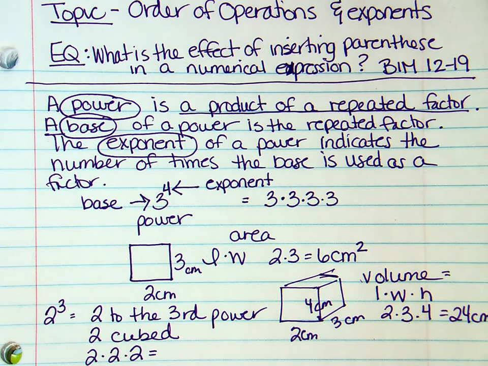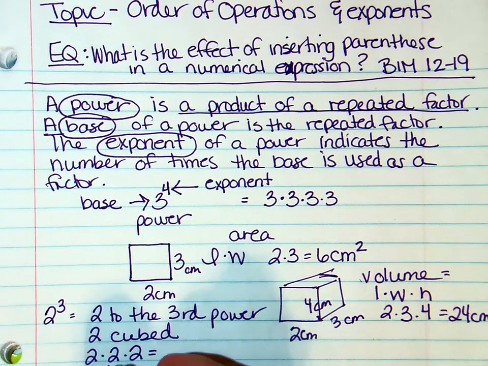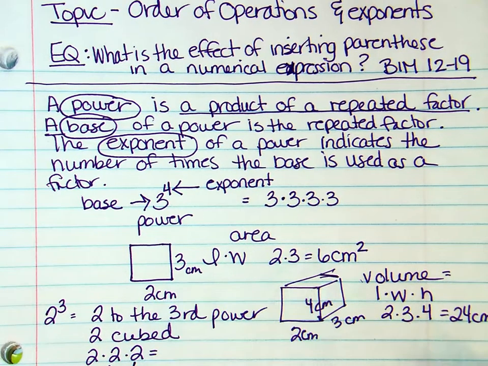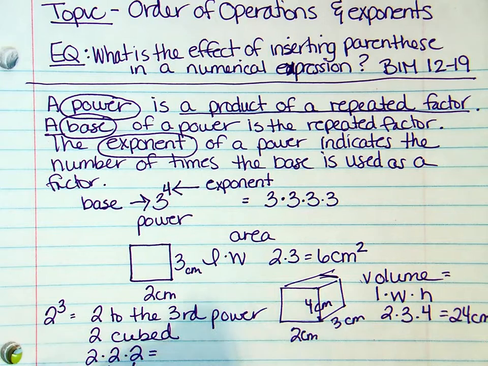Now, when I solve this, I will first figure out these two. 2 times 2 is 4. Now I'm going to multiply it by this 2, and I'm going to get 8. Okay? So it goes these two, and then you throw that one in. That's an exponent. It's a repeated multiplication.